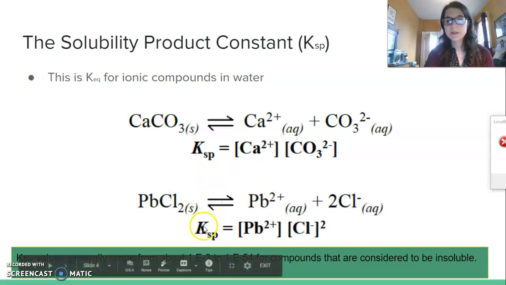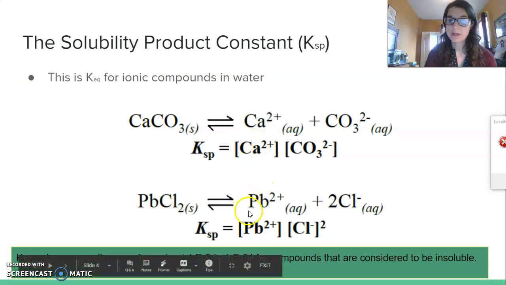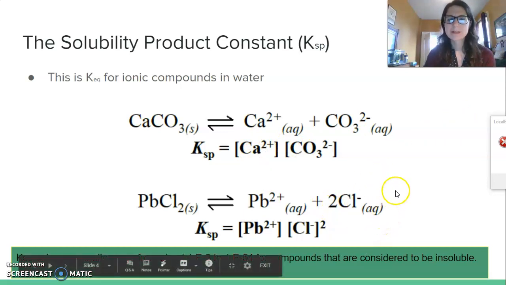For PbCl2, for every 1 mole of PbCl2 formula unit, which is like molecule for a salt, that dissolves, we get 1 mole of Pb2+ and 2 moles of Cl-. So I always kind of relate this to an Oreo cookie because it's hard to think, how do you start with 1 mole of something and then end up with 2 moles of something else?